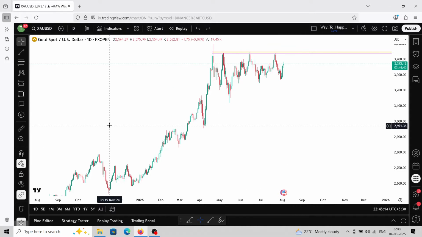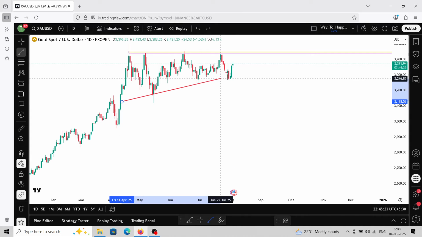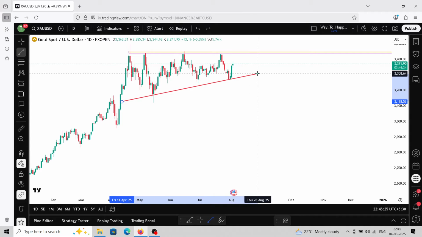With this, is there any pattern which gold is trying to create? Let's see. If I try to put a trend line here, is this a legitimate trend line? One touch, two touches. Okay, this is not a bad trend line. This is a good trend line. So this is a daily time frame trend line.